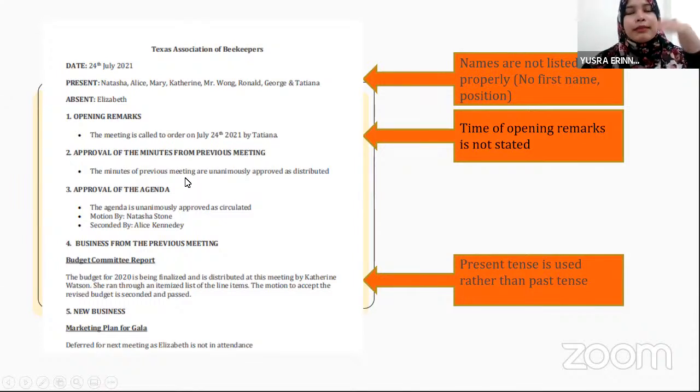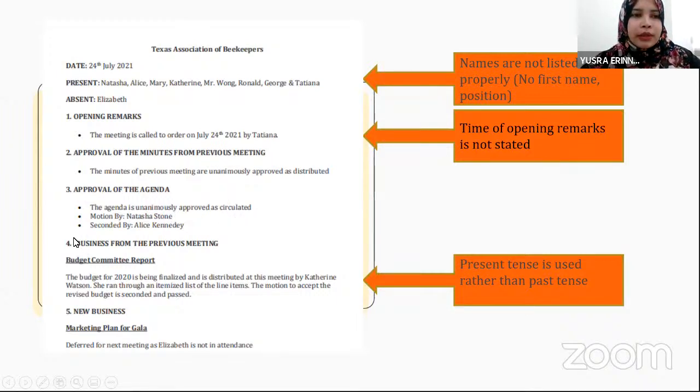It's a report. It's something that has happened before. For example, another example is: the agenda is unanimously approved as circulated. It was supposed to be: the agenda was unanimously approved as circulated.